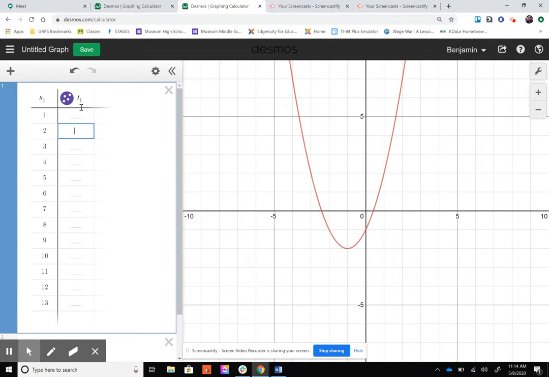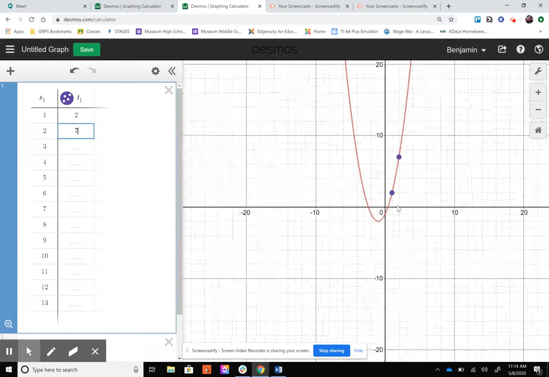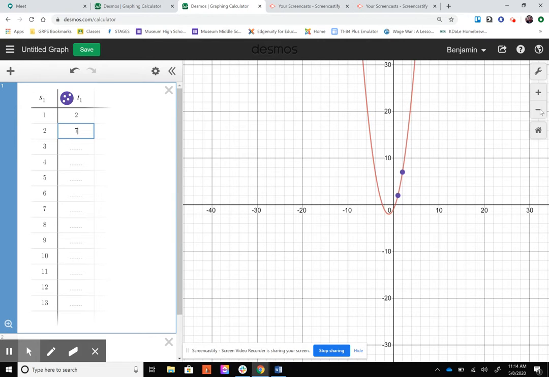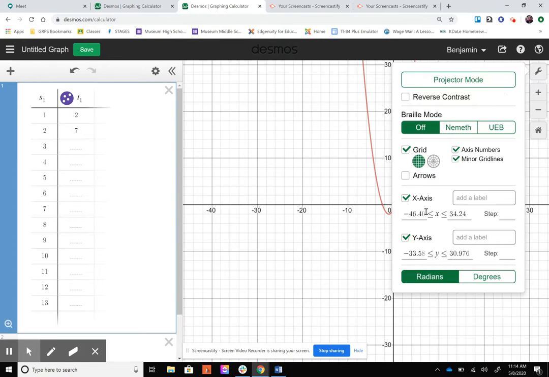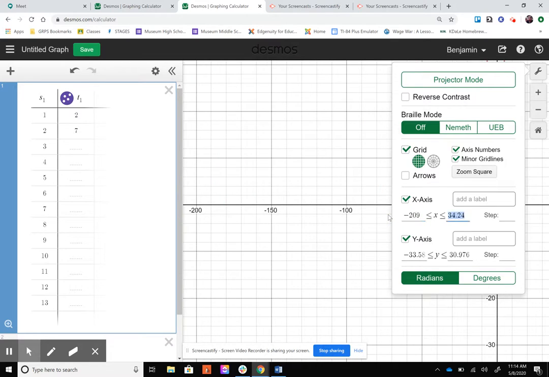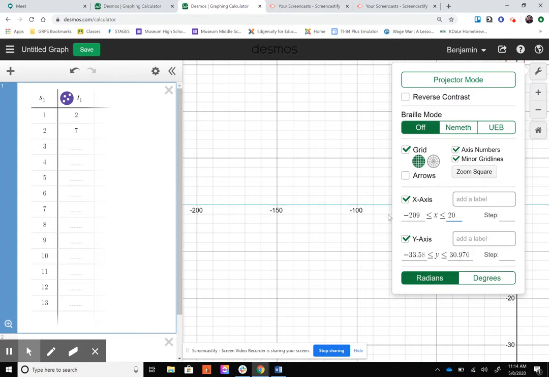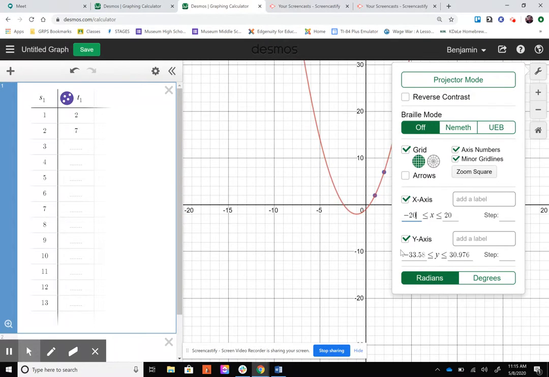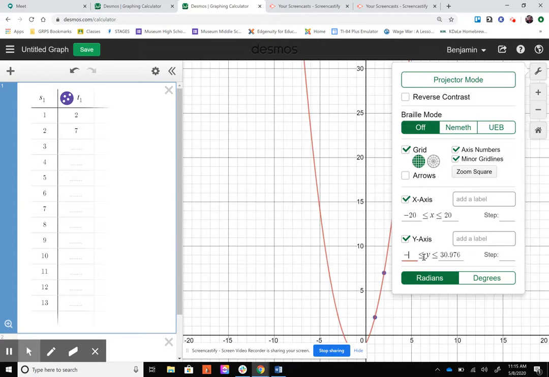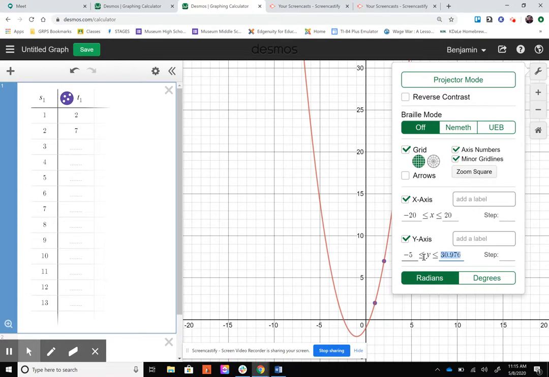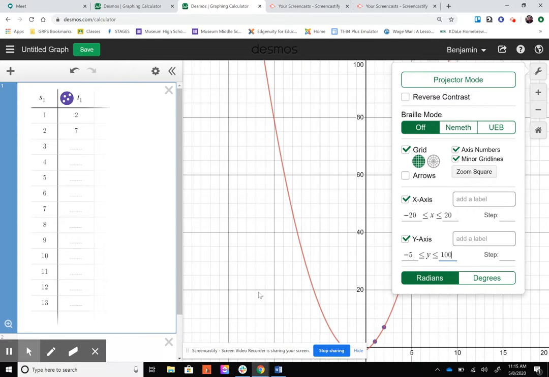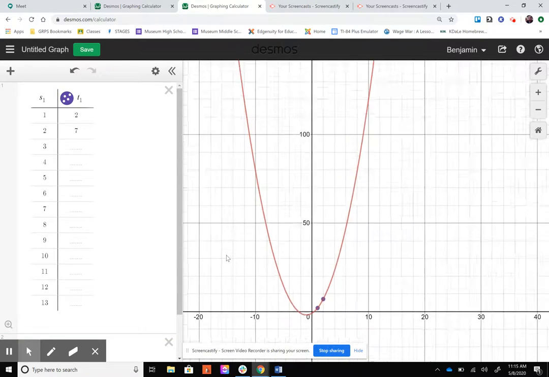If I plot those, I've got 2, 7. Let's squeak this between, and we will go really low here, up to like 100. All right, a little bit better to view.